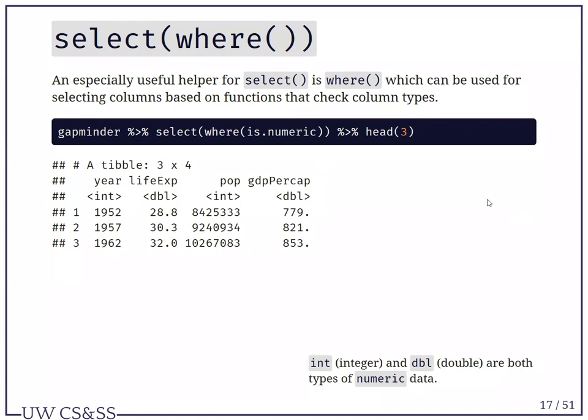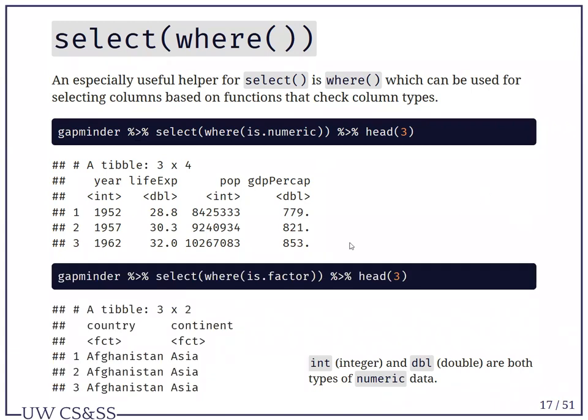And it will only keep columns that are numeric in their values. You can also say, in the gapminder data, select where is.factor, and it'll give us the country and continent columns.